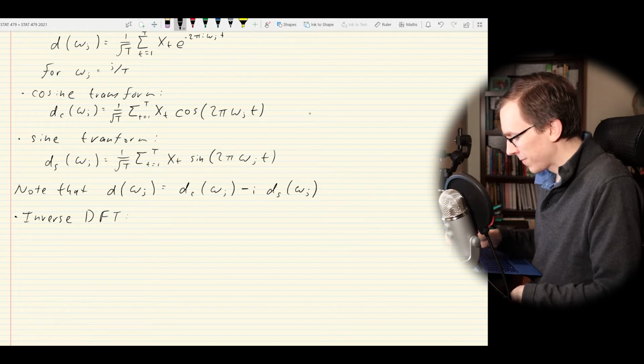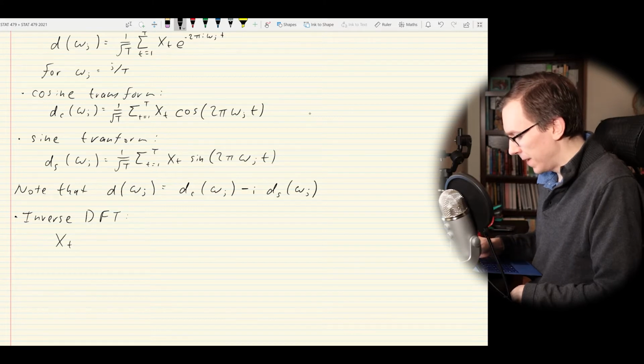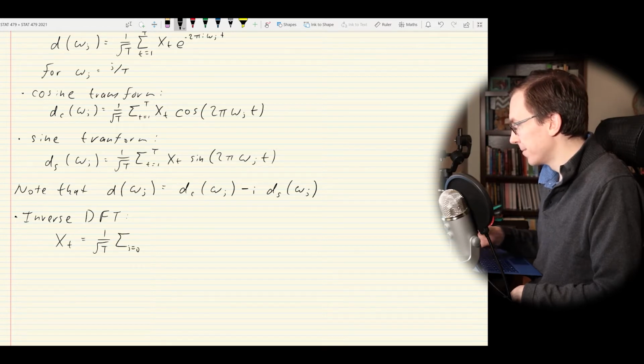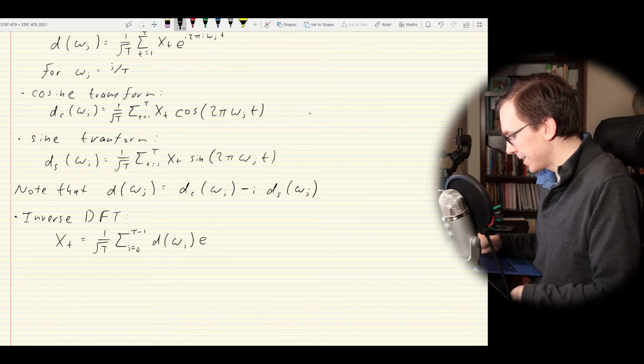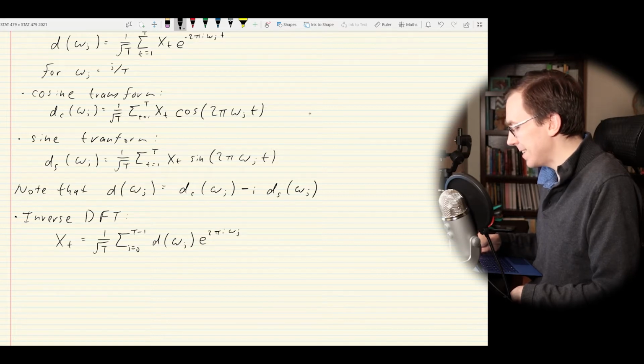So in general, you can't always invert things, but in this case, you can, and we can recover the data from the discrete Fourier transform by summing j from 0 to capital T minus 1 of d omega j times e to the 2 pi i omega j t.